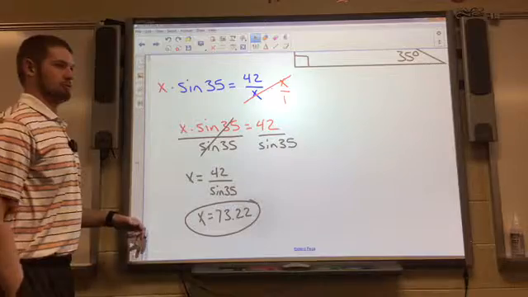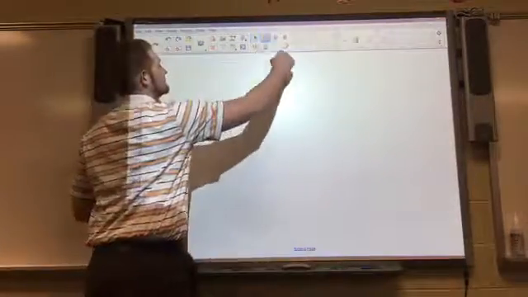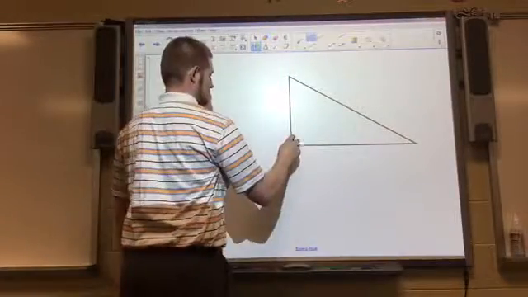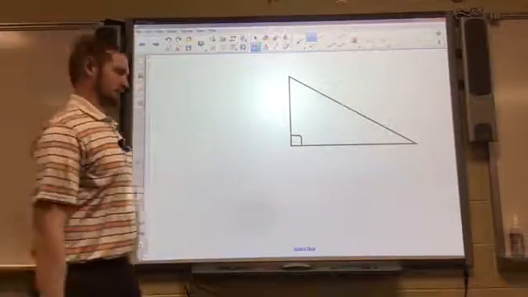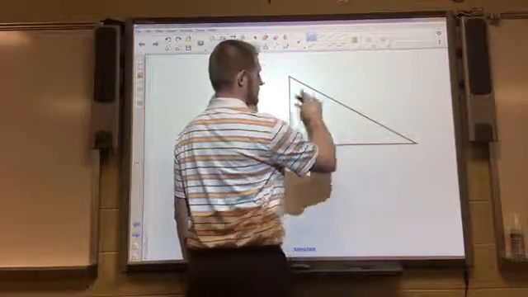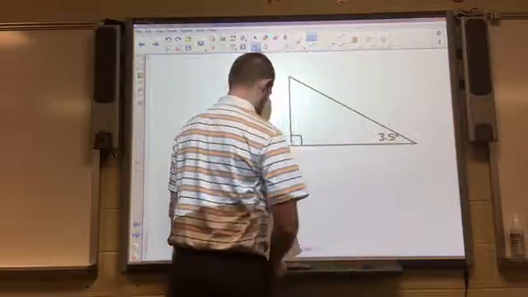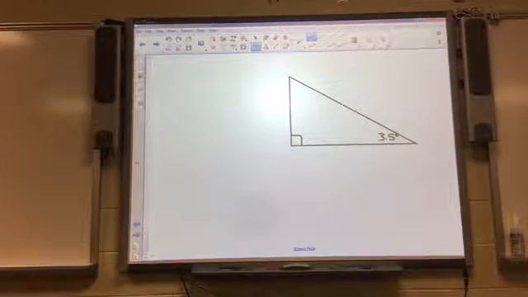Okay, I have one more example for you. We ready? Last one. They have a driveway here. This is an extra example out of your book. The angle of elevation is 3.5 degrees. So that's the angle that the driveway is going up at.